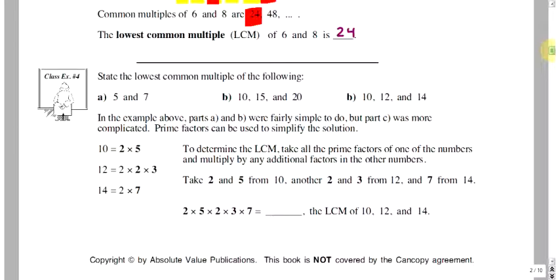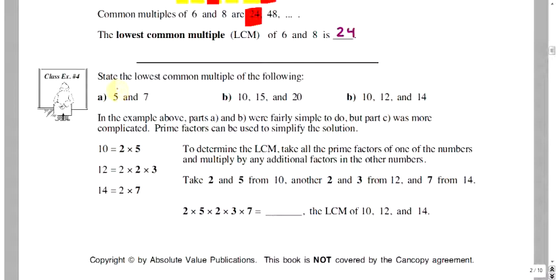So, where are we? What page are we on? State the lowest common multiple of the following. I don't really have room here to do a tree, but what kind of a tree would I need? Are these both prime numbers? Yeah. What is the smallest thing they both go into?